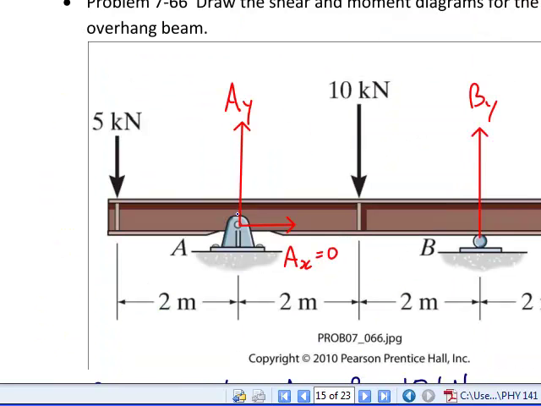And then at point A, I have the support reaction, which is 10 kilonewtons up. So what's the shear diagram going to do? It's going to jump 10 up, so from minus 5 up to plus 5.